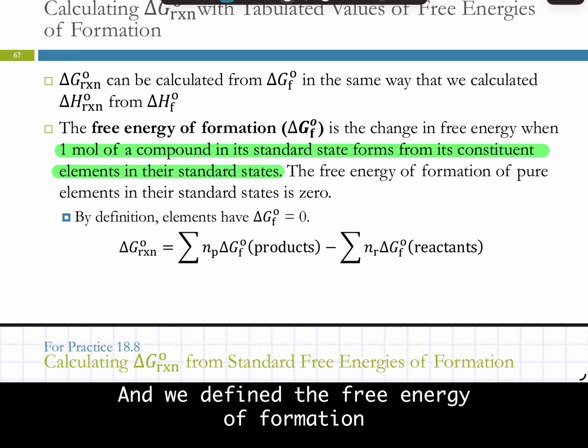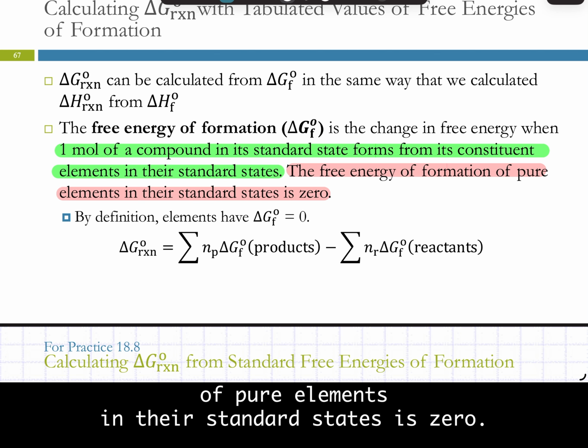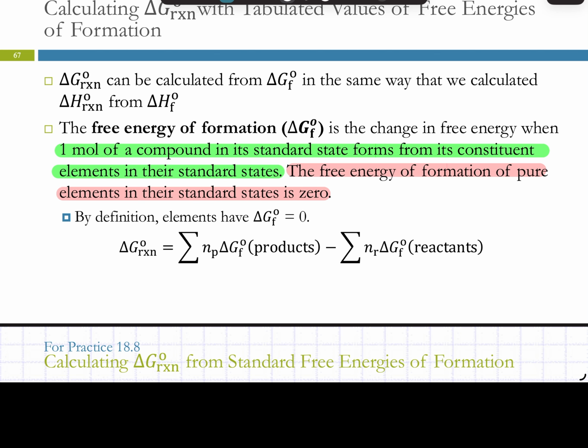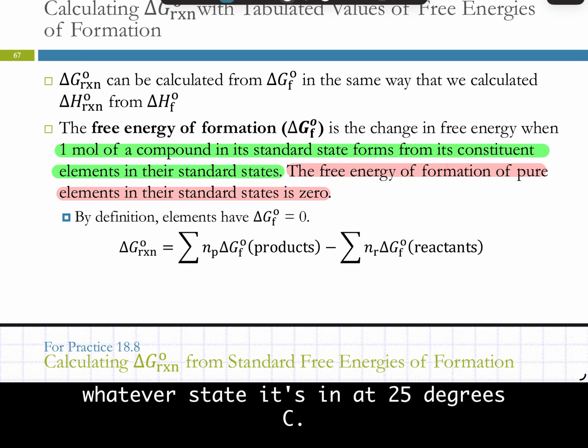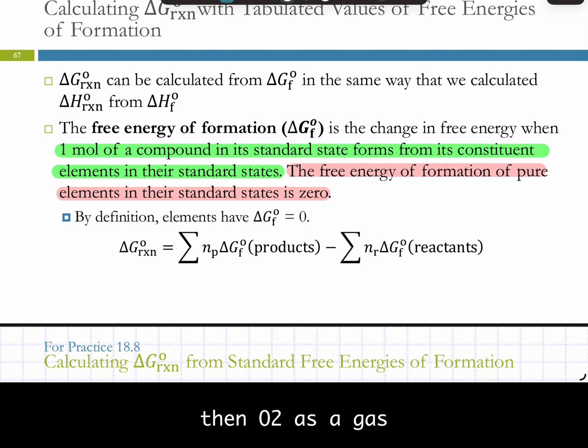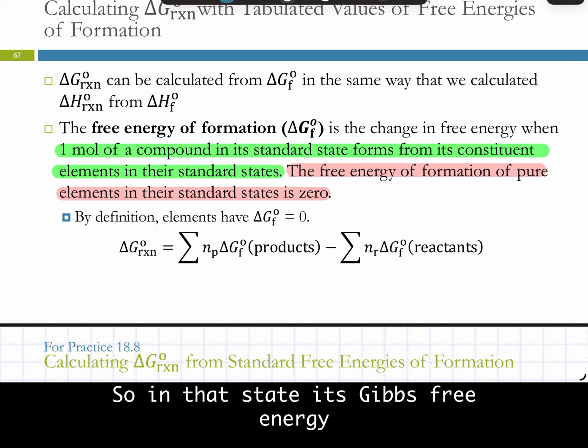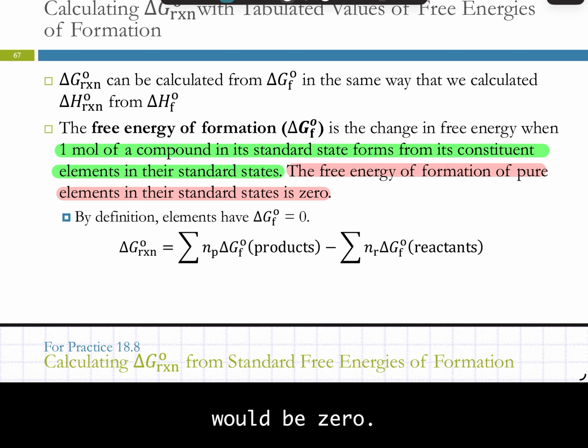And we define the free energy of formation of pure elements in their standard states as 0. Typically, this is going to be whatever state it's in at 25 degrees C. So if we're thinking about oxygen gas, then O2 as a gas, that would be its standard state. So in that state, its Gibbs free energy would be 0.